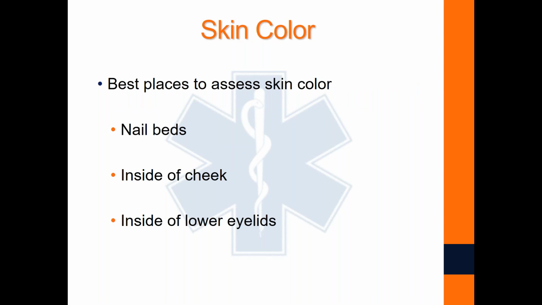Best places to do this assessment are going to be our nail beds, the inside of our cheek or inside of the lower eyelids. Like I said when we were first talking about vital signs, regardless of someone's skin pigmentation, these places should pretty much be pink, warm, and dry.